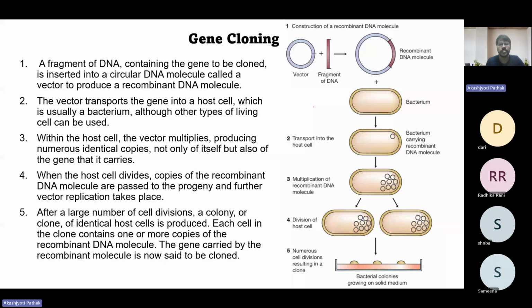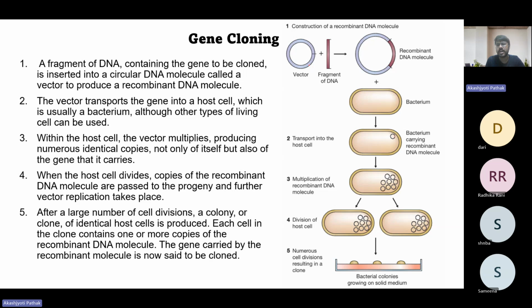Okay, so what is gene cloning first of all? This figure is taken from the book by T.A. Brown. You have studied gene cloning in class 11th and 12th, isn't it? If you see this figure, you have a fragment of DNA and you want to insert this fragment into a vector.